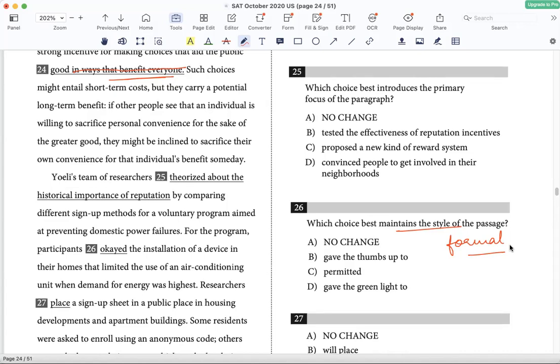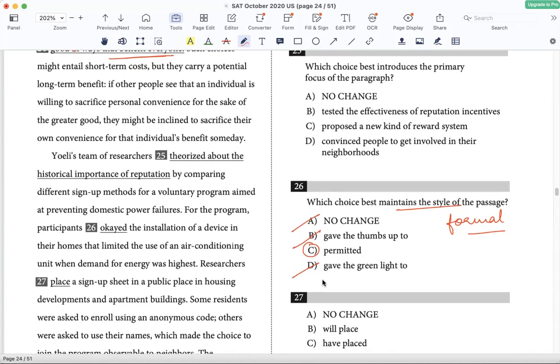So something like okayed is too informal, so that can't be correct. Gave the thumbs up to is also informal. Permitted is a good answer. It maintains the tone, is formal. And gave the green light to is also rather informal. So for the program, participants permitted the installation of a device.